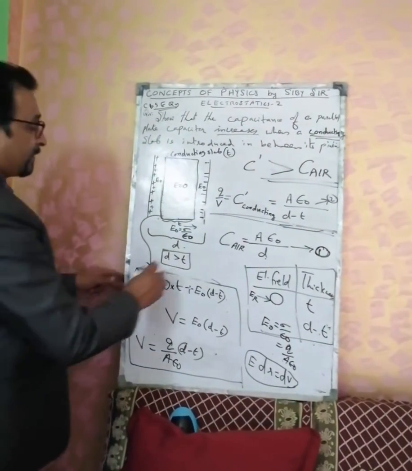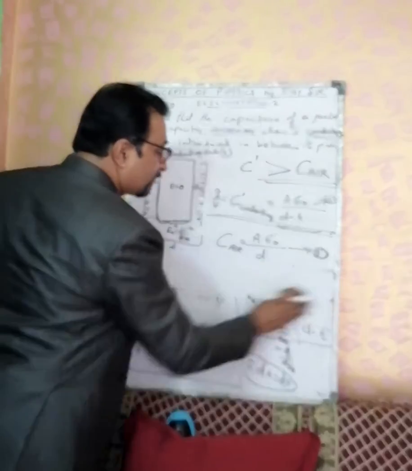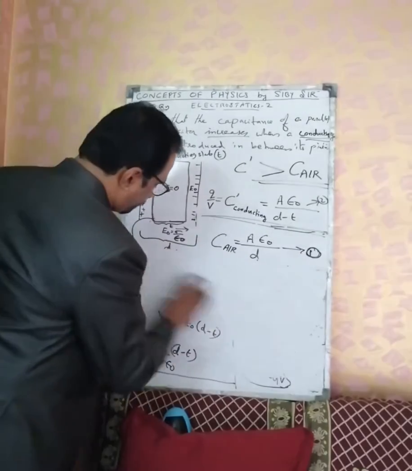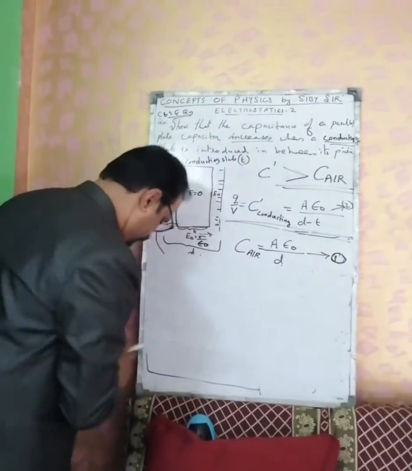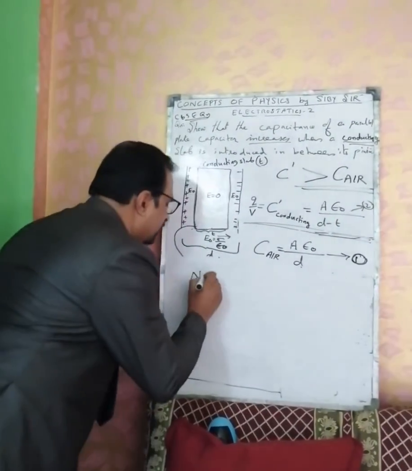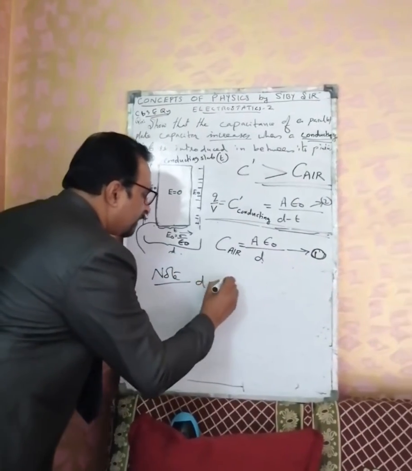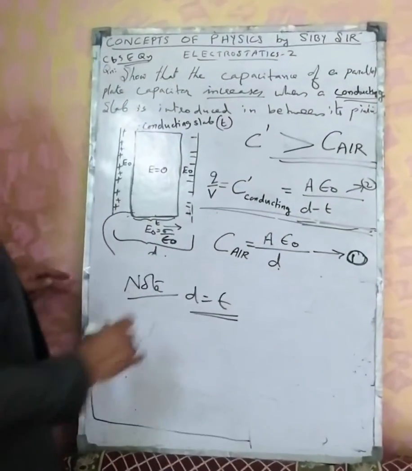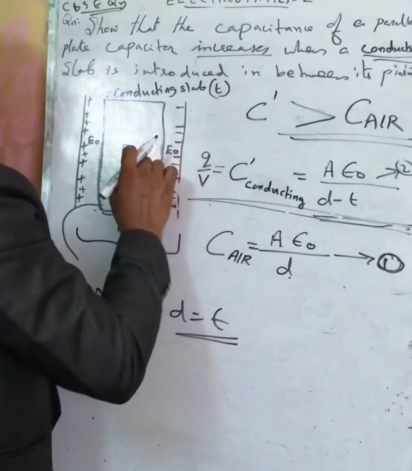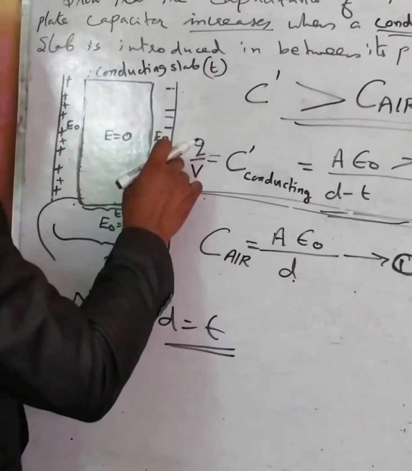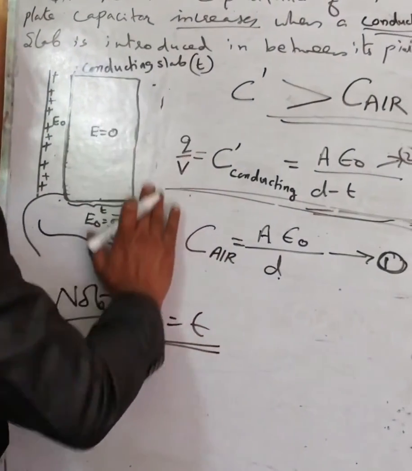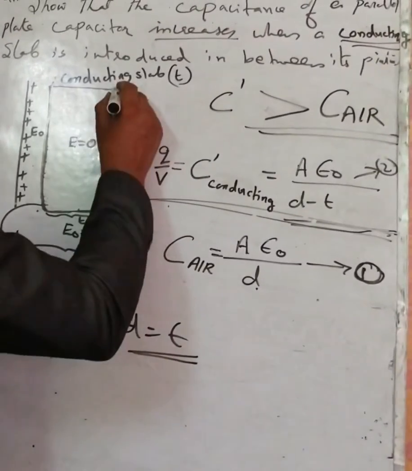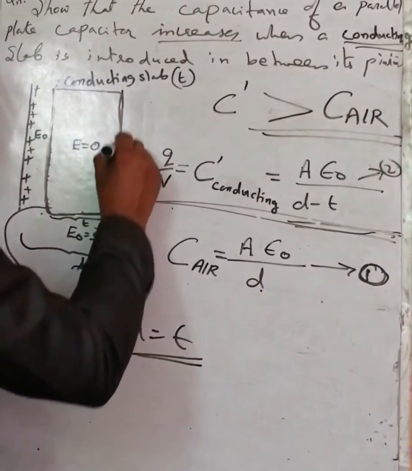Now you can think, if your D is equal to T, what is going to happen? D is equal to T, what is the meaning? D and T are equal means the conducting slab and the plates of the capacitor are exactly in contact with each other.